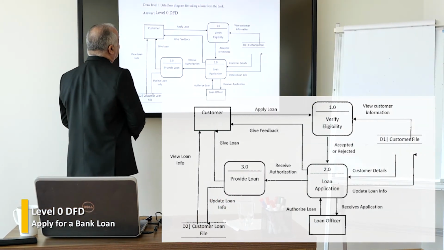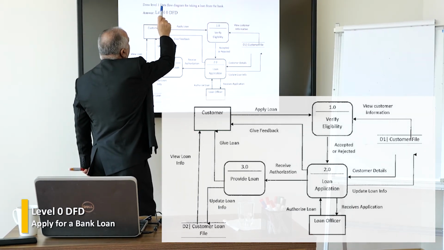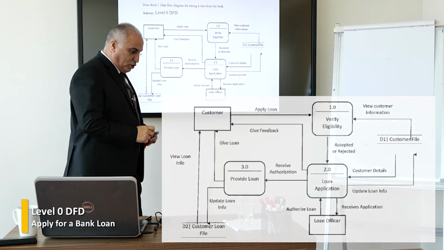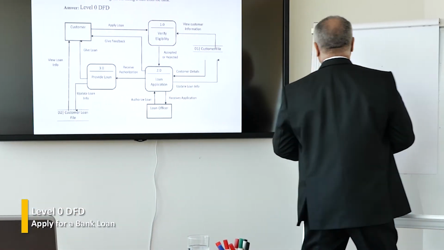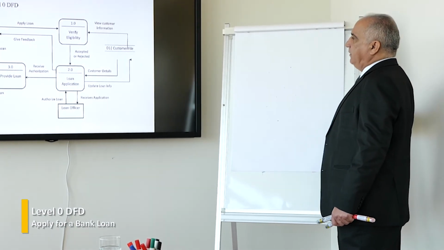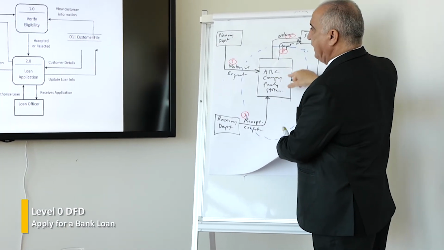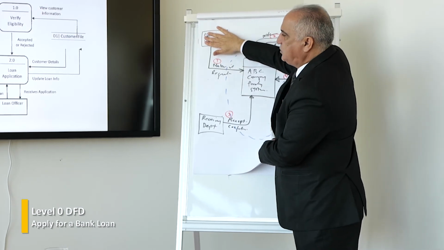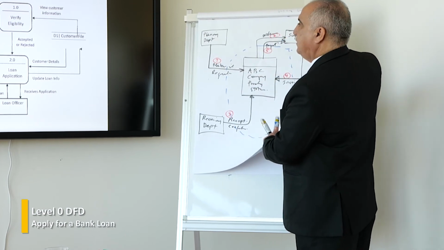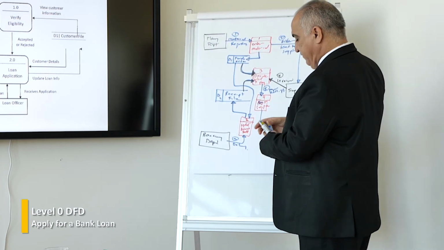The question is: draw a level 1 diagram for taking a loan from a bank. To do that, if we do the context diagram first, it is going to be like that. Here is banking loan, here is the customer, and here is the officer, and then the interaction. But this question is asking us for level 1.